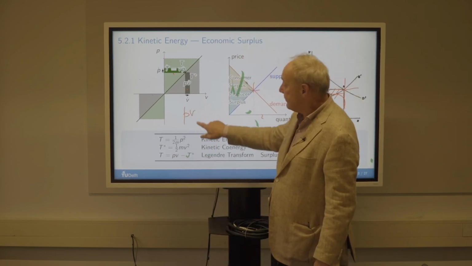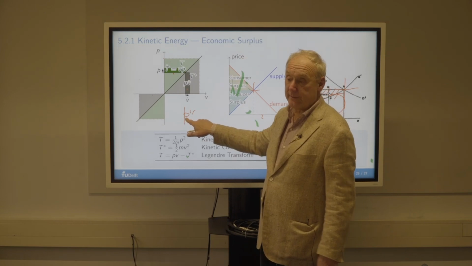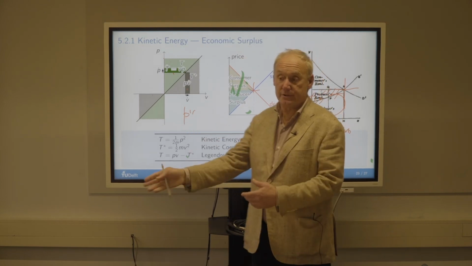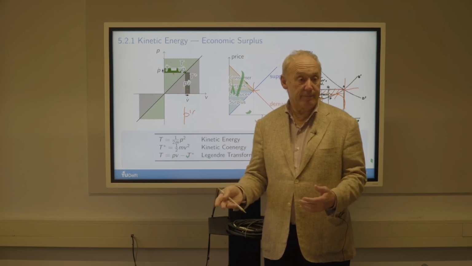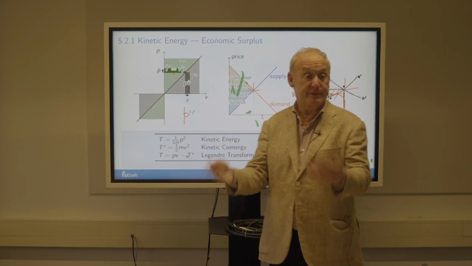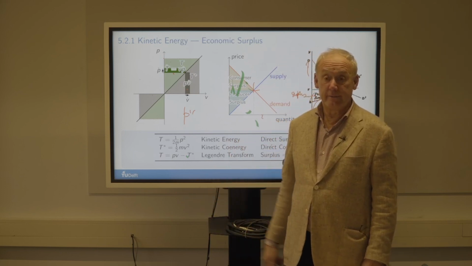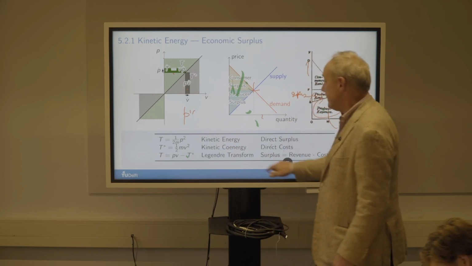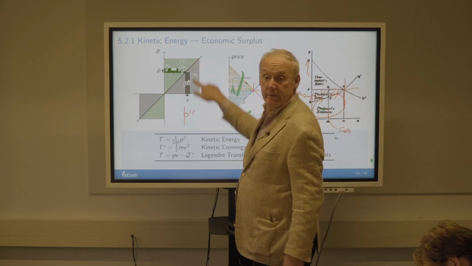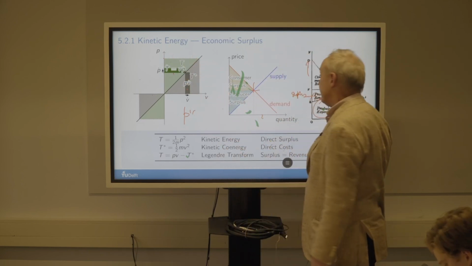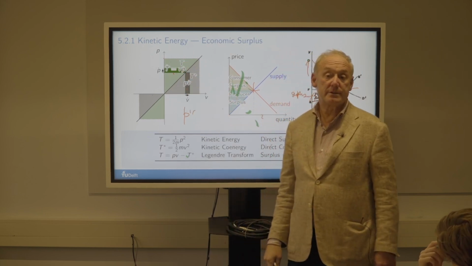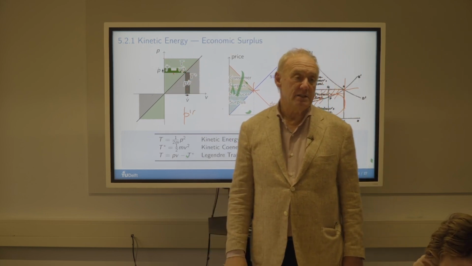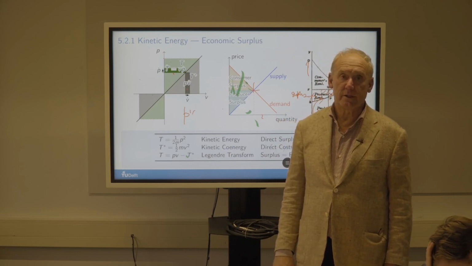You just take the flow and multiply by the price. So those are just your expenditures, or your revenue if you're going the other way. So this is the revenue, this whole area. I subtract from that my cost of this area, and then I get the surplus. That's the easiest way to think of surplus.